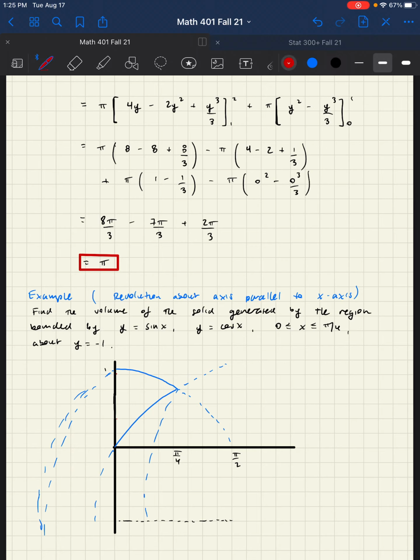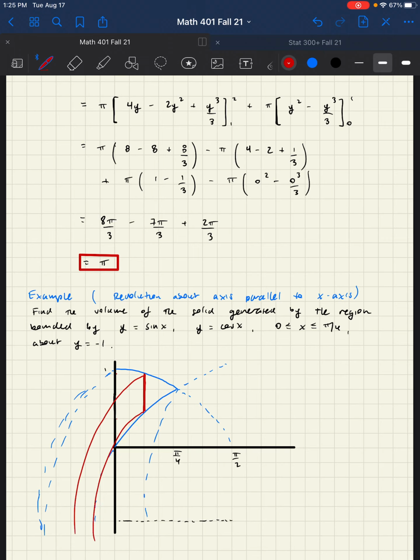All right. So how do we actually set this up if we want to use the slicing method? This is our infinitesimal slice, and of course it's going to be swept out all the way down here, et cetera.